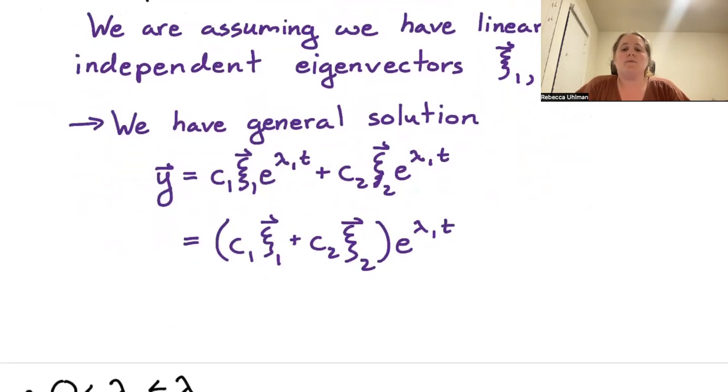Since Xi1 and Xi2 are linearly independent, C1 Xi1 plus C2 Xi2 spans the entire coordinate plane. We can get any vector in that, it spans R2.